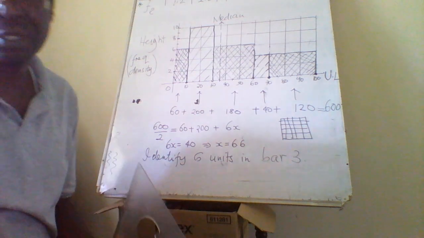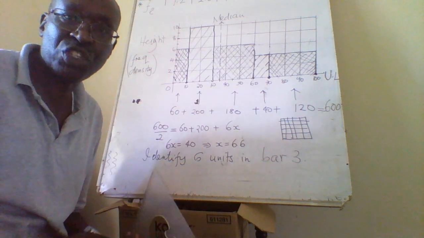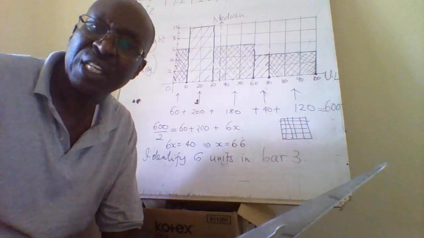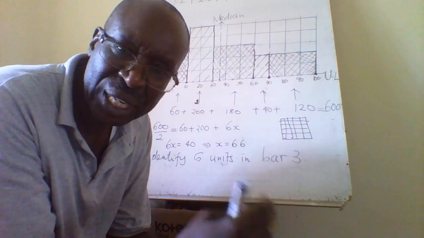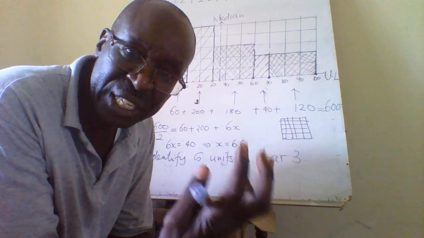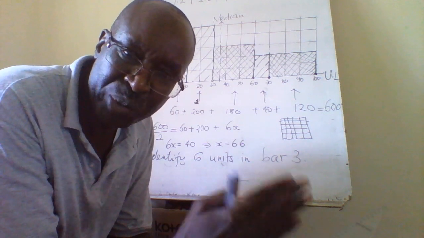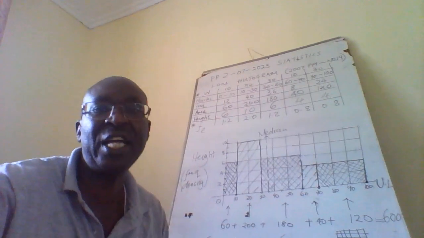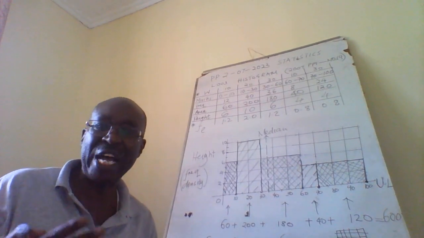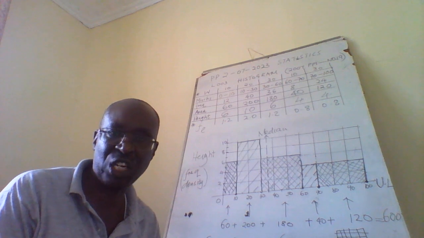So folks, you can try this again and again. Do one question repeatedly until you grasp the procedures. After that, you go to question 2. You try and see, am I following what the teacher taught?